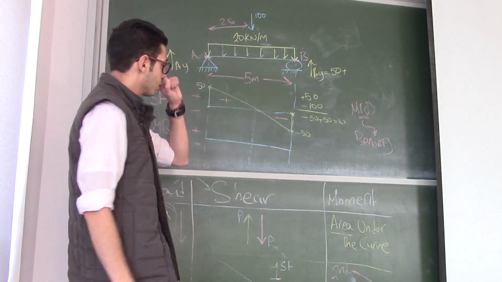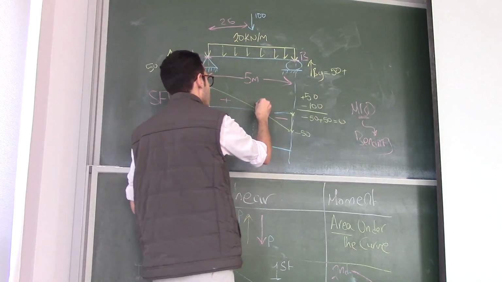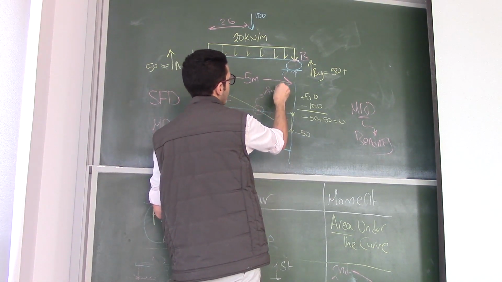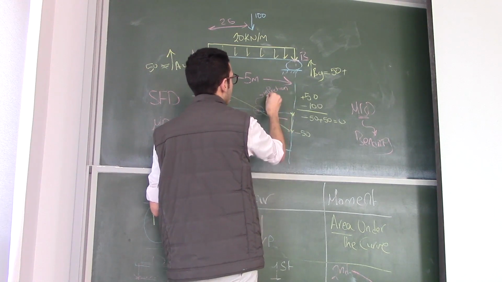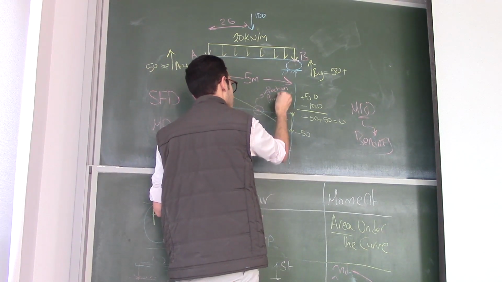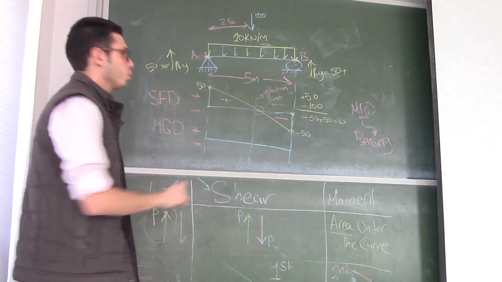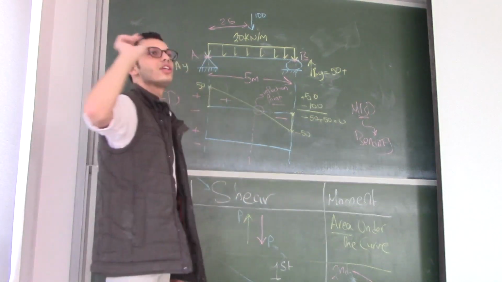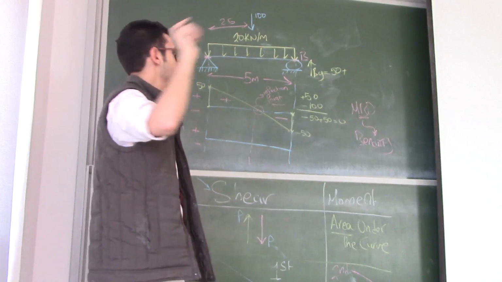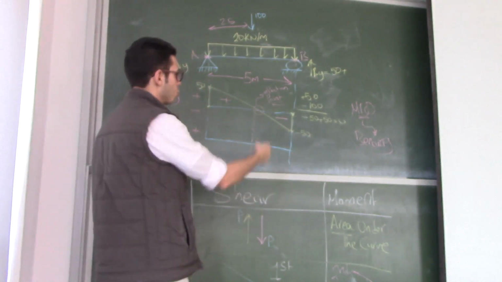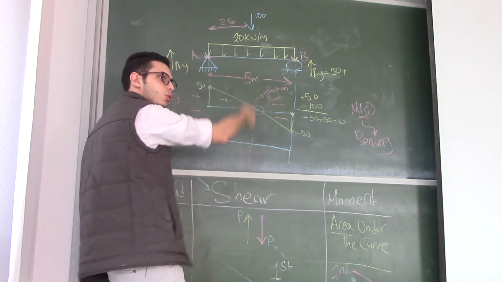This point we call, by the way, the inflection point. What is the definition of the inflection point? The point at which the shear is equal to 0. Okay, and when you have it, just draw a new line.